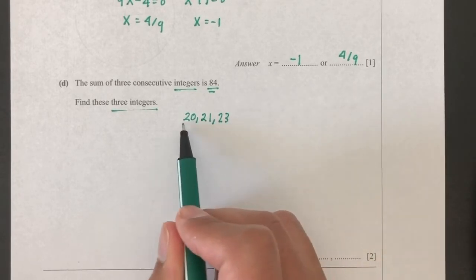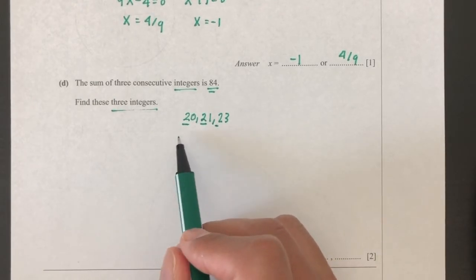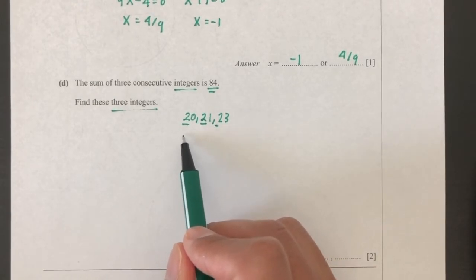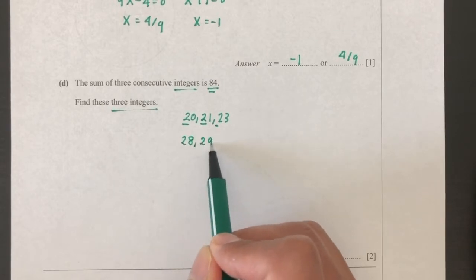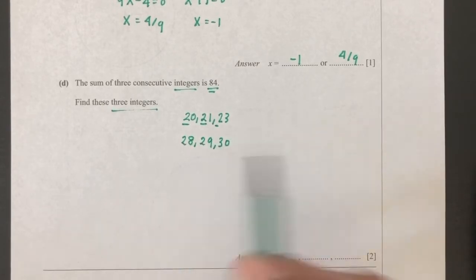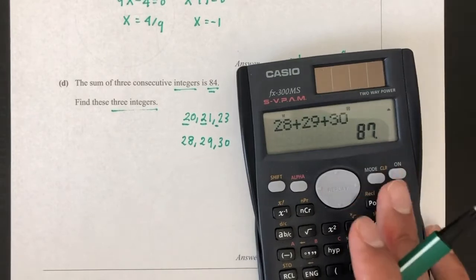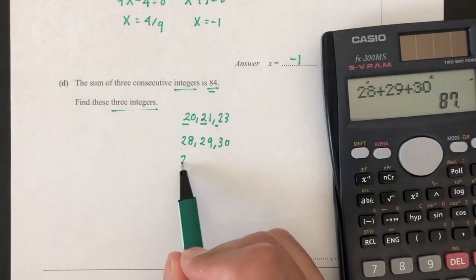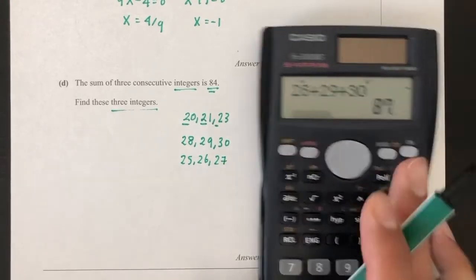It's not enough. So let's try 30 something. Let's try 28, 29, and 30. 28 plus 29 plus 30 will be 87. So that's too much. So let's try 25, 26, and 27.